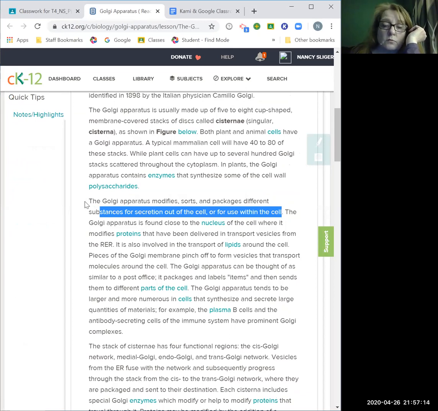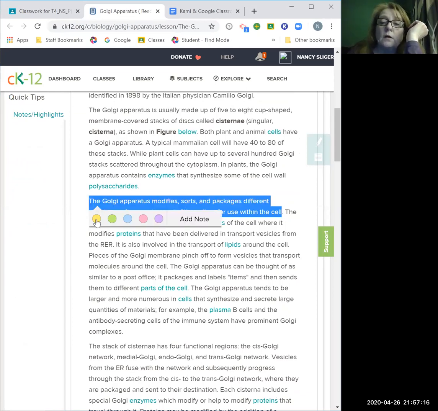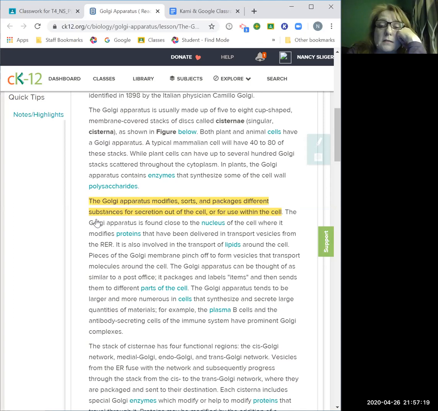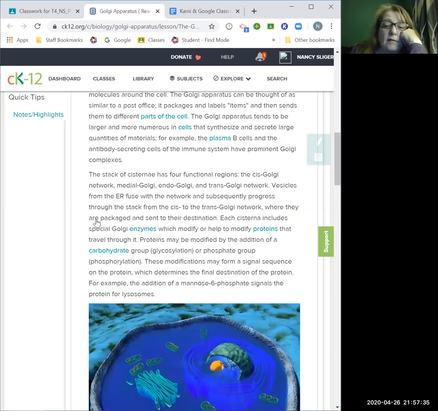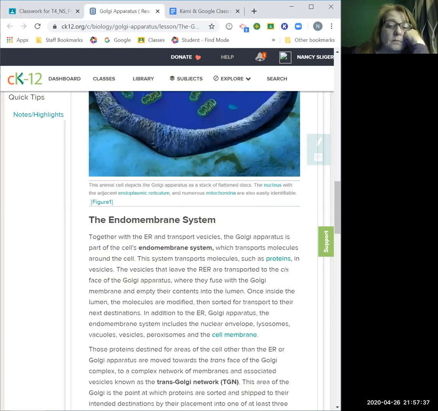Which is this structure or this function right here. Golgi apparatus modifies, sorts, and packages different substances for secretion out of the cell or for use within the cell. And that's basically what I need you to know for right now for Golgi apparatus. This is going to go into a little bit more detail than what we have time for.